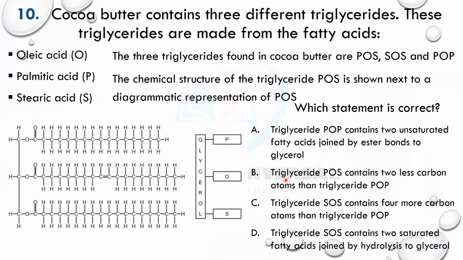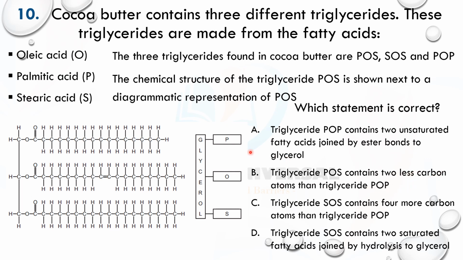B says triglyceride POS contains 2 less carbon atoms than triglyceride POP. Remember that P has shorter carbon compared to O and S. So this is already 2 carbon less. They say POS contains 2 less carbon atoms than POP.